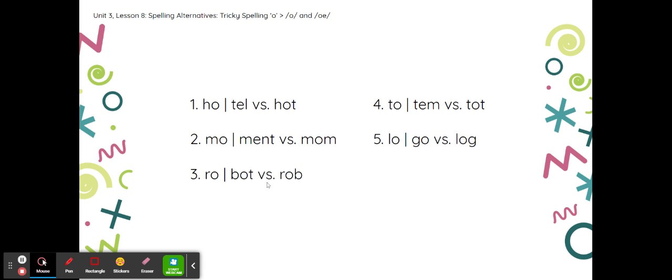Robot versus rob. Totem versus tot. Logo versus log.